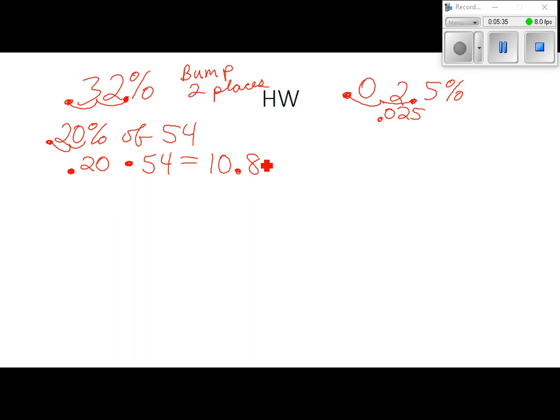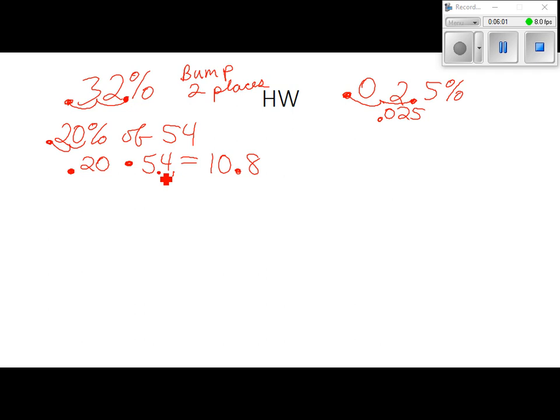To figure out 10% of something, all you have to do is move the decimal one place to the left. So what's 10% of 54? Where does the decimal start on the 54? Right here, right? So 10% of 54, we just bump it over there.